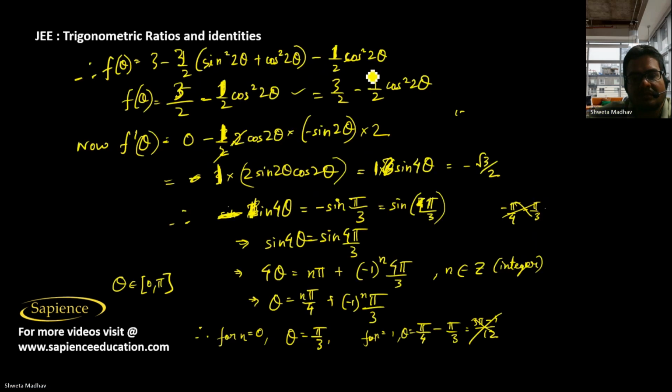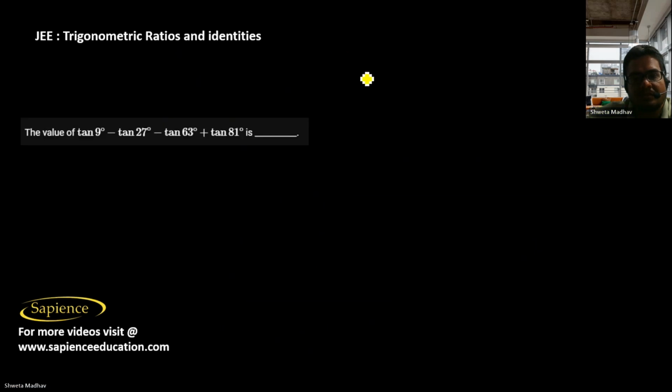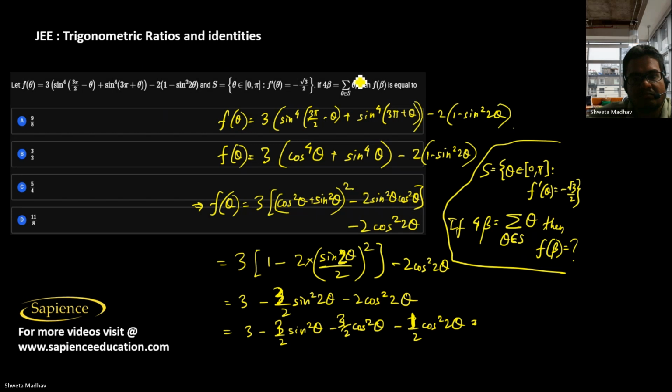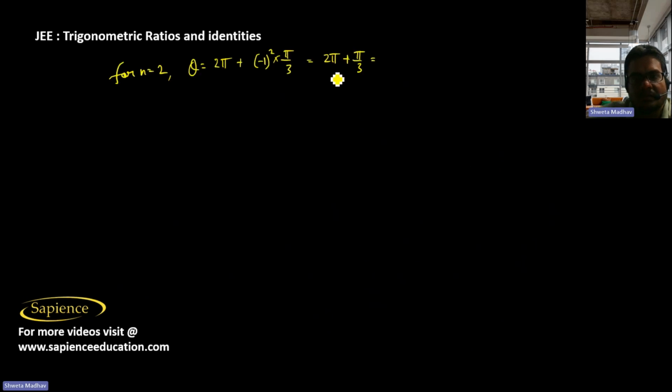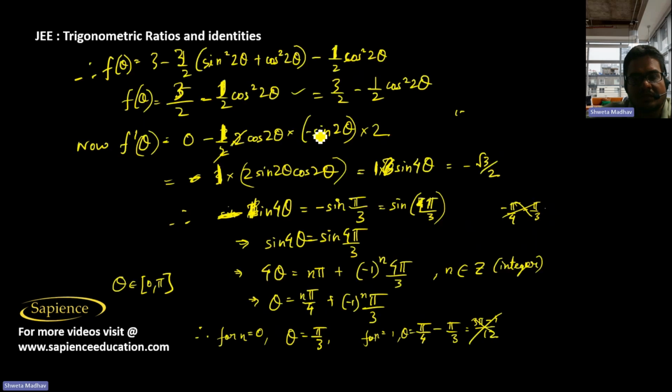So therefore this will be 2 pi by 4 plus pi by 3. We are saying n equal to 2, it is 2 pi by 4, and pi by 4 minus.